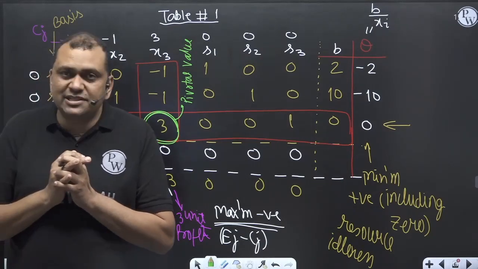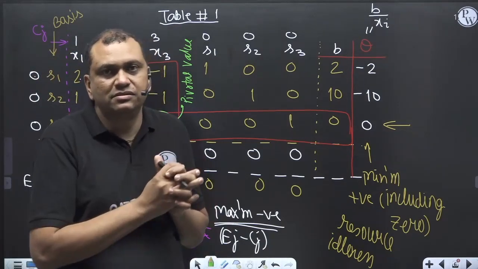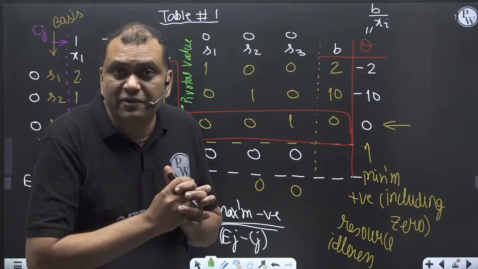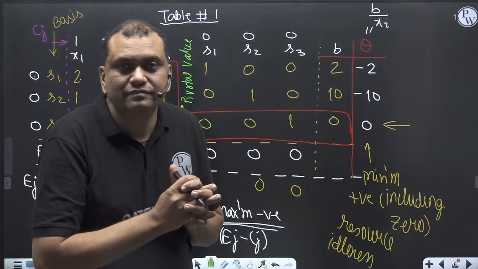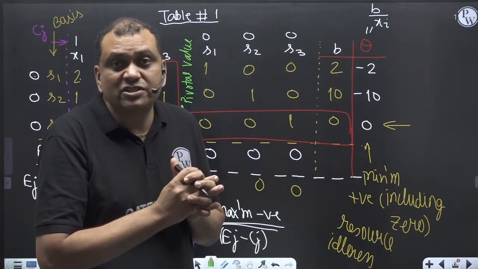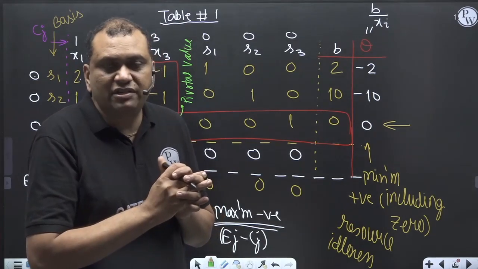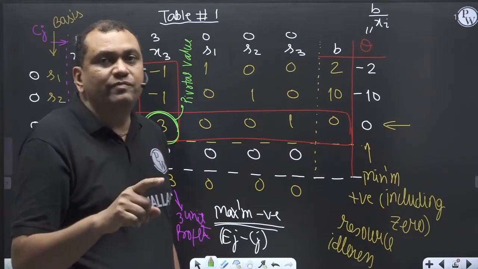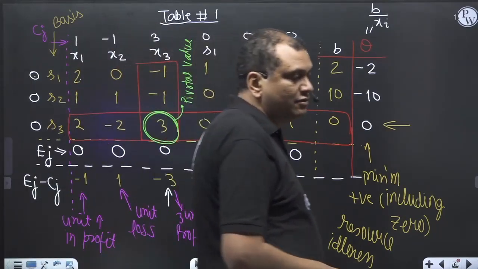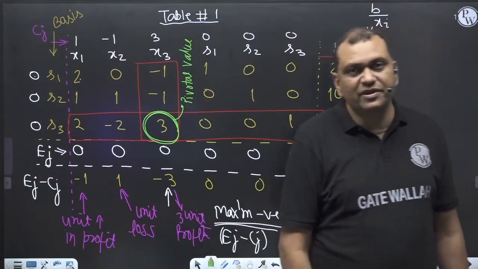In the normal simplex procedure, the pivotal value should be positive. It cannot be negative.